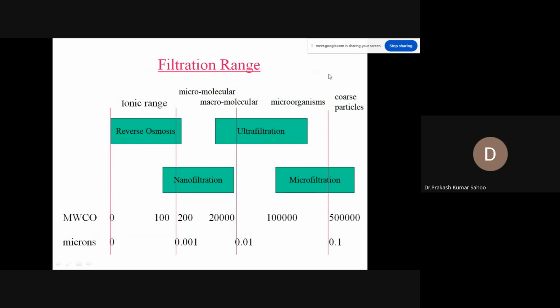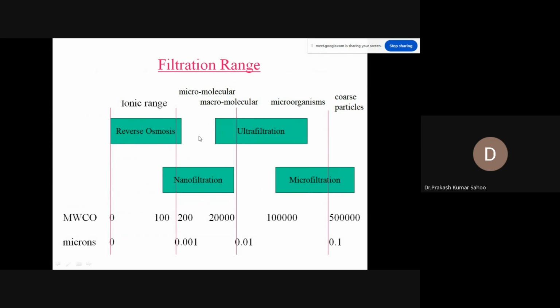And the filtration range, so what is the range we have in micron scale? We have from 0 to 0.001 micron of particle. This can be separated using reverse osmosis or RO, and from 0.001 to 0.01 it is nanofiltration. From 0.01 to 0.1 we may have the ultrafiltration, and 10⁻⁶ to 10⁻³ is the microfiltration.